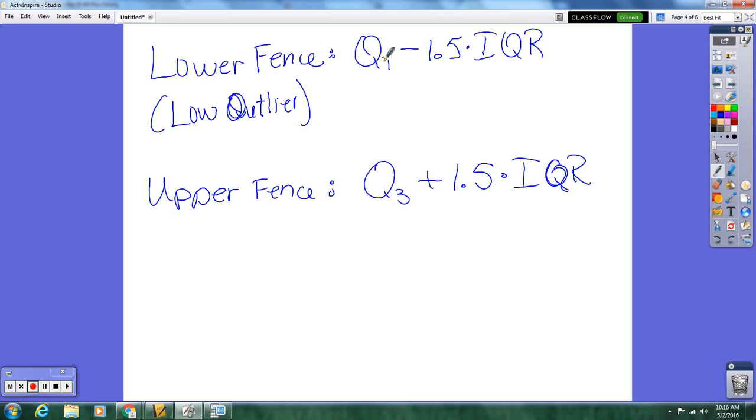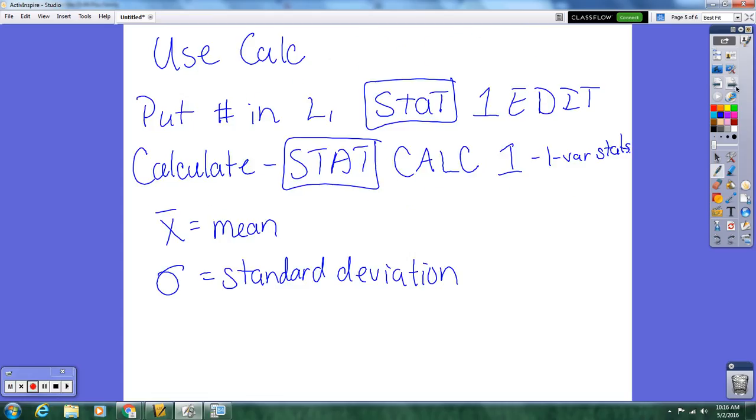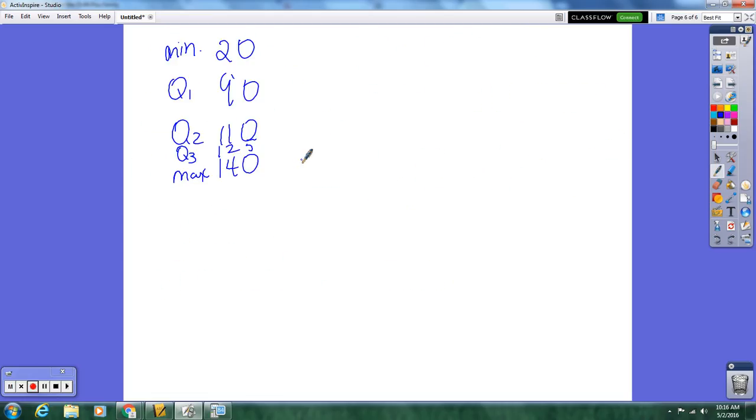So what's Q1 in your data? 90. So do 90 minus 1.5 times the IQR. Now the IQR, that's Q3 minus Q1. I'm going to write it down here. I'm going to call it LO, low outlier. So we have Q1 minus 1.5 times the IQR.